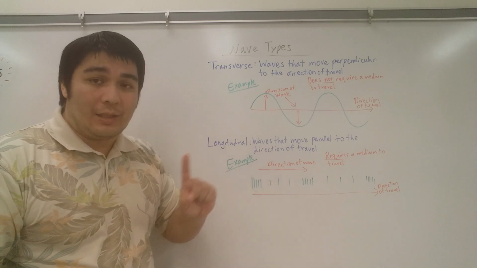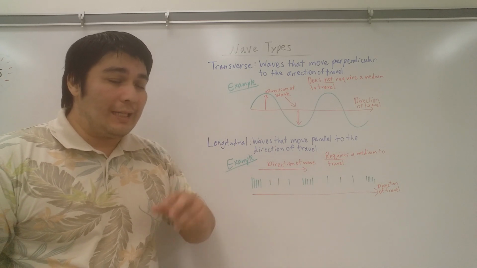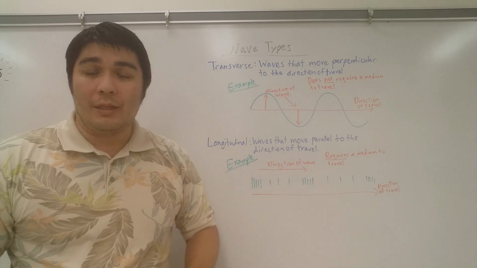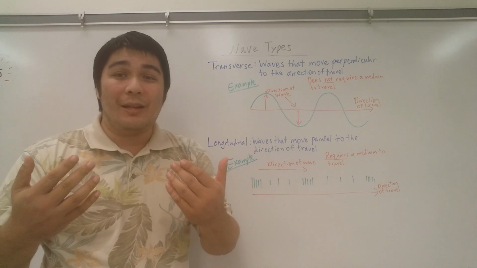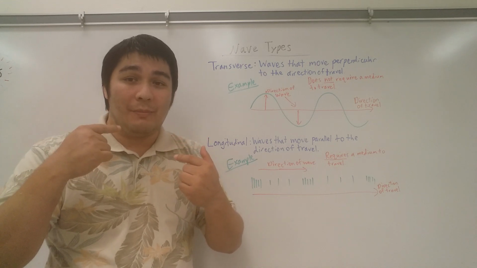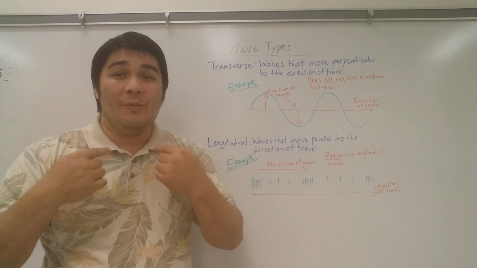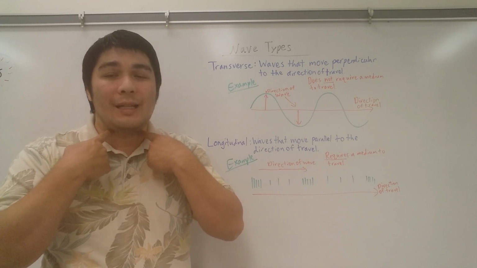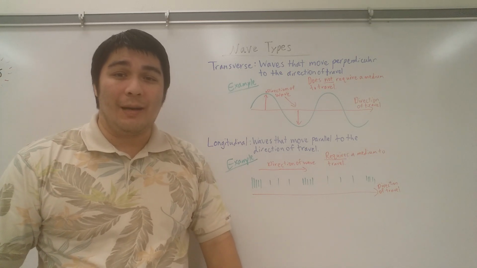Now this one, and this is the key thing, this one requires a medium. And an example of this is sound, because sound, I'm talking to you through, it looks like nothing, but actually there's air between my mouth and the camera. So when I'm talking, I'm vibrating air in my throat, and it's sending it out at a specific frequency that's getting recorded by this camera.